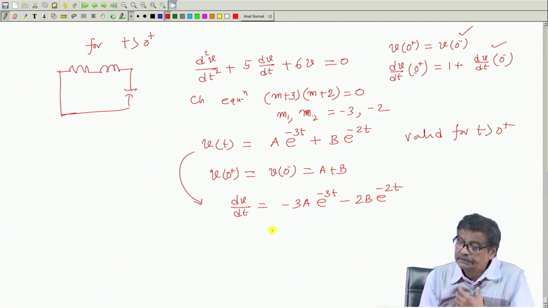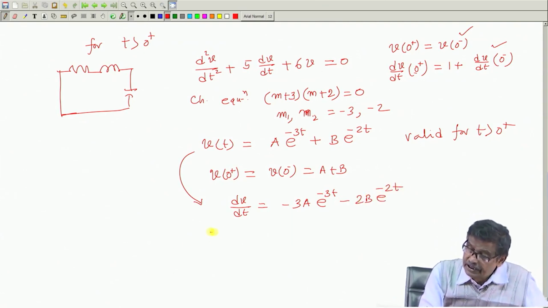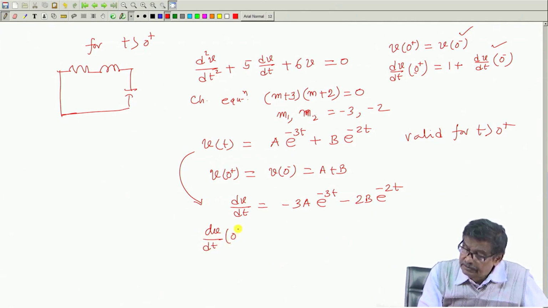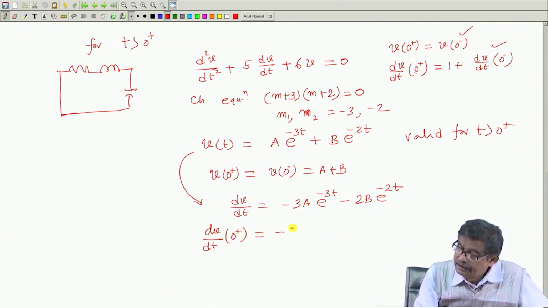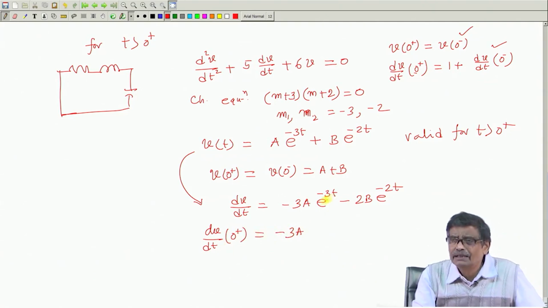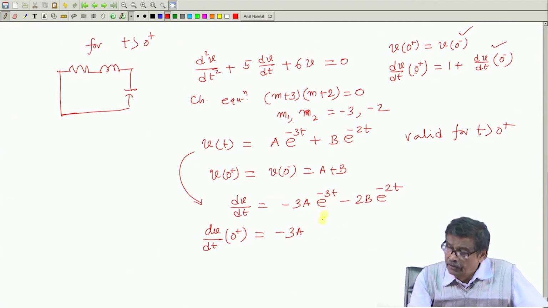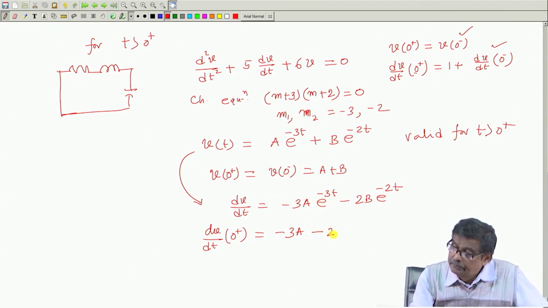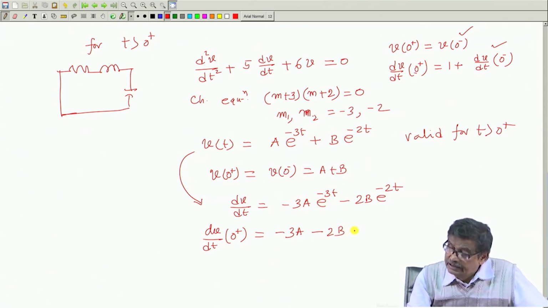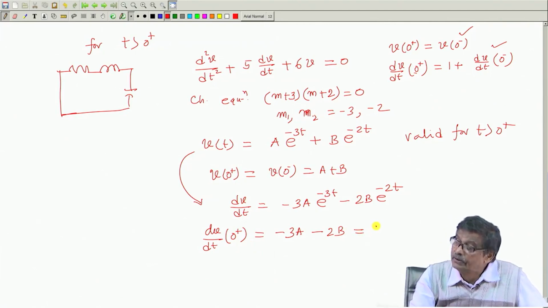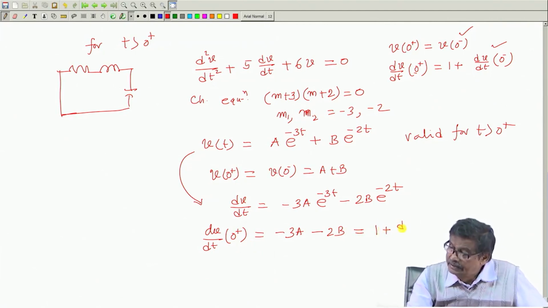Then dv dt at 0 plus, with e to the power minus 3 times 0 plus being 1, will be minus 3a minus 2b, and this is equal to 1 plus this value, which is known to me.